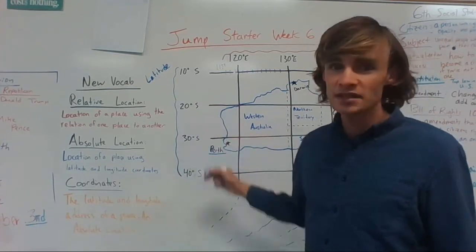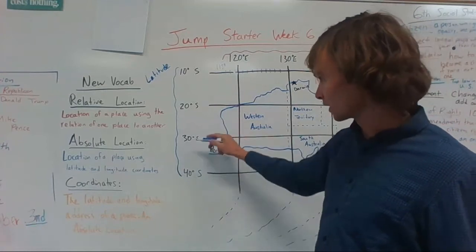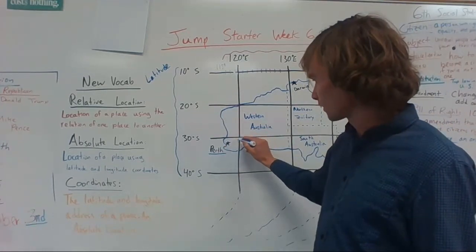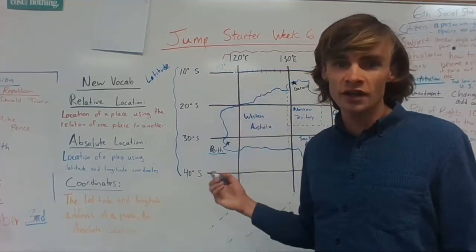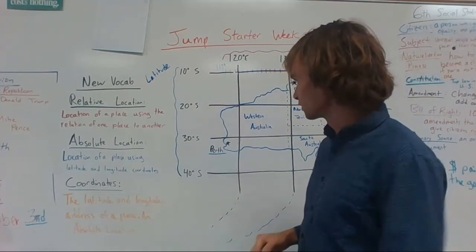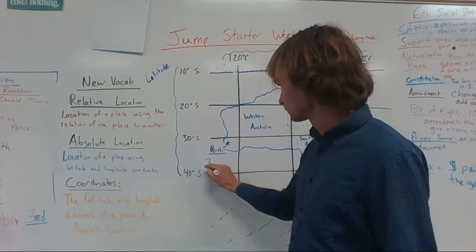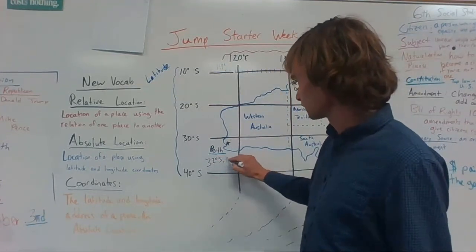Going below means I would need to count towards 40. If you look at these coordinates right here, I would count this way, 31, 32. And so I could estimate the coordinates of Perth as being 32 degrees south, 117 degrees east.